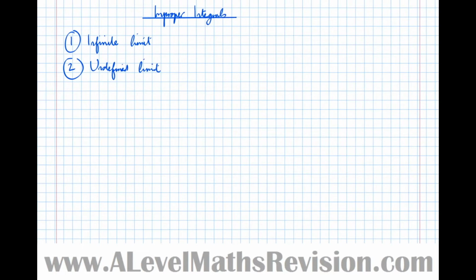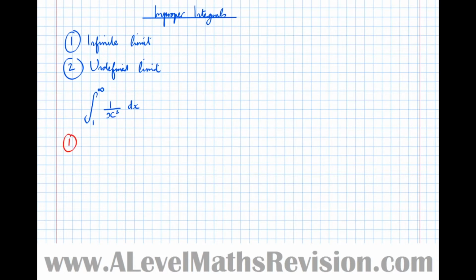So let's give an example. Let's say we're finding the integral of 1 over x squared between infinity and 1 dx. Notice that it has an infinite limit, so that's that first type of improper integral. Therefore, it's undefined.